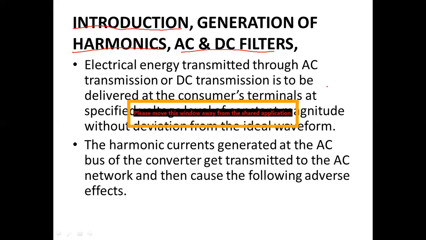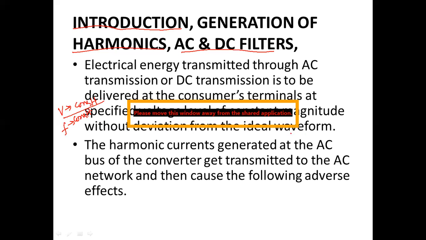Our task is that the consumer should get constant voltage and constant frequency, so that the appliances used by the consumer are not disturbed. So for that, its voltage level V should be constant, and frequency should also be constant. This should be constant voltage without deviation.